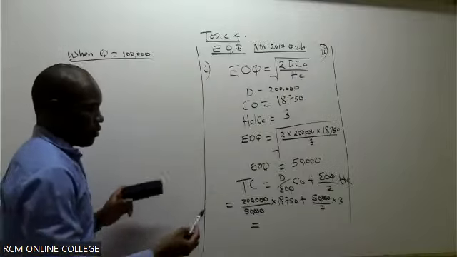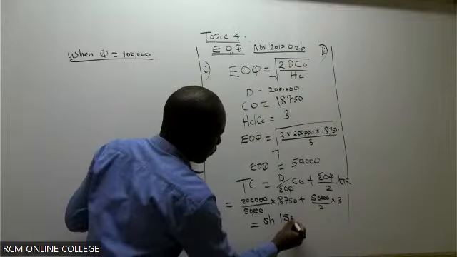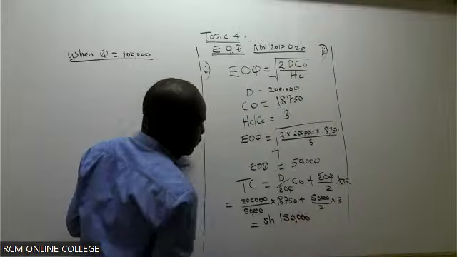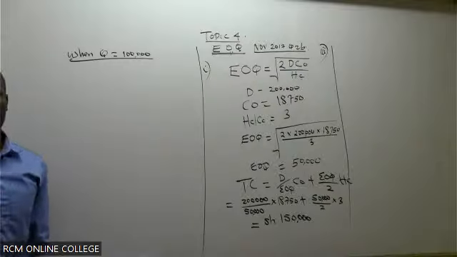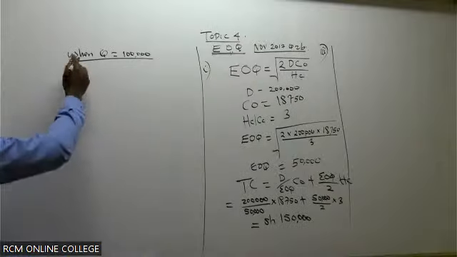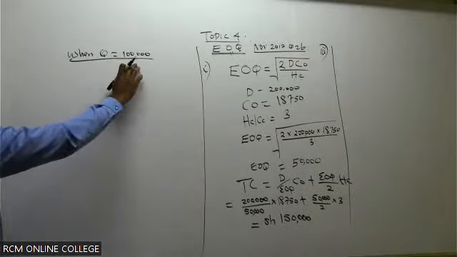Okay, I'm getting the total cost there as shillings 150,000. Is it? 150,000.